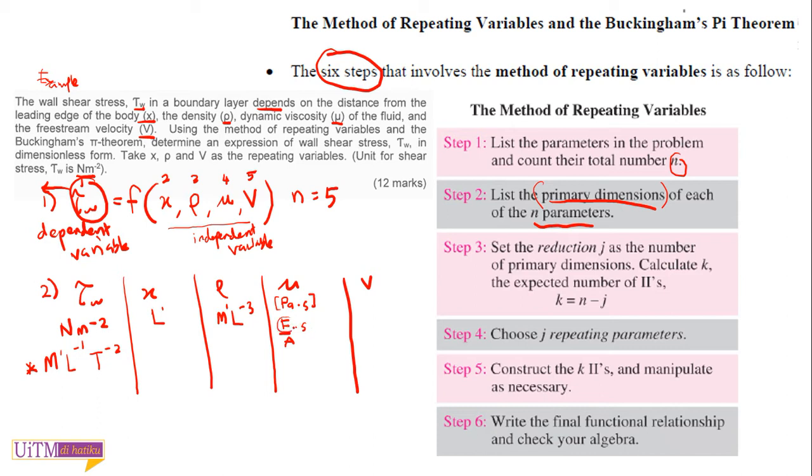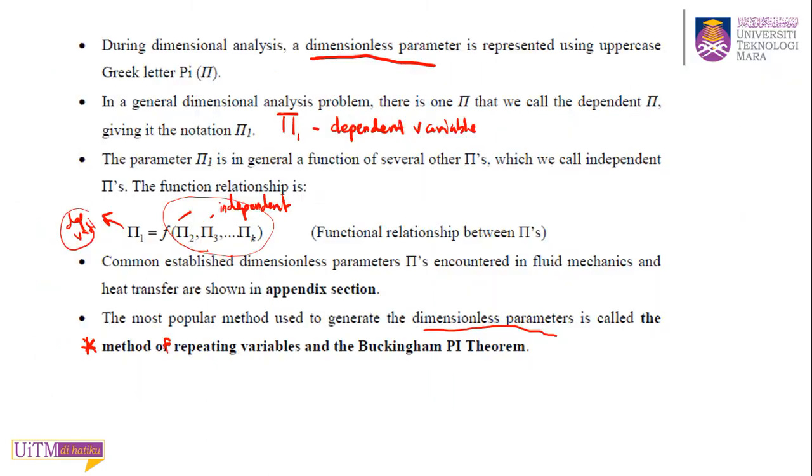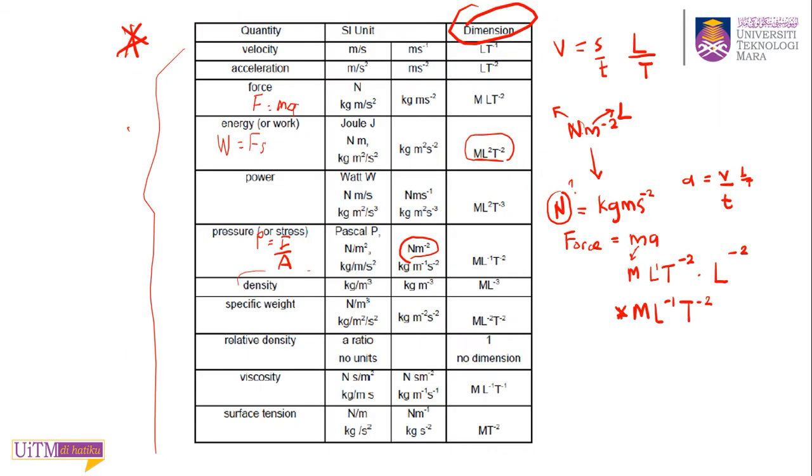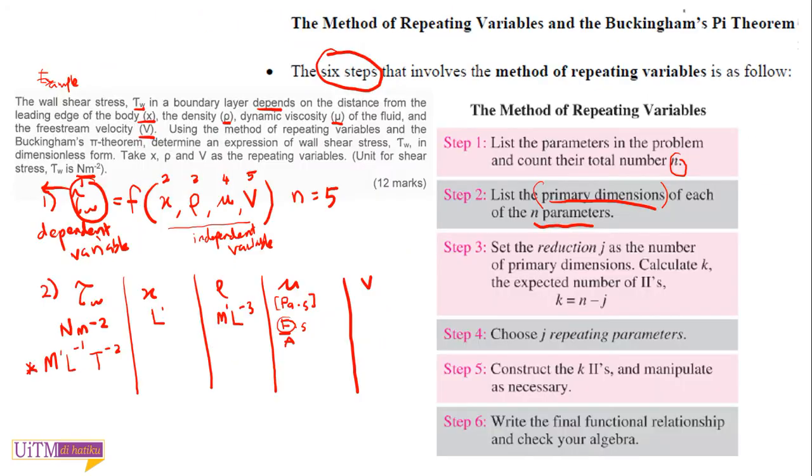And we know F, we have done it earlier: F is M1 L1 T minus 2. And over area, which is L squared, and s is time, so times time. So this will cancel out, so we will have minus 1.